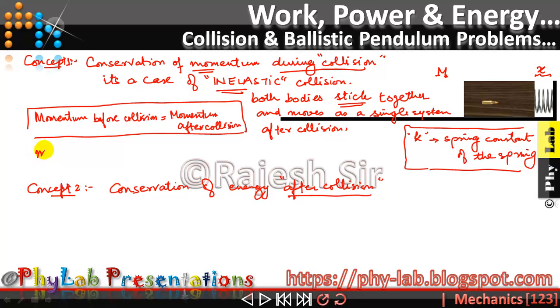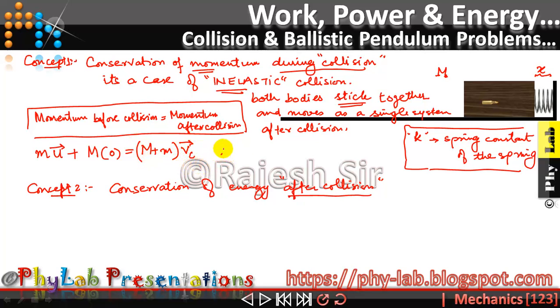The bullet of mass m was moving with initial velocity u, a vector quantity, so I put the vector sign, and the block was initially at rest, so M into 0. After collision, both move as a single body: the mass of the bullet and the mass of the block combine and start moving with a common velocity vc. C is for the common velocity.